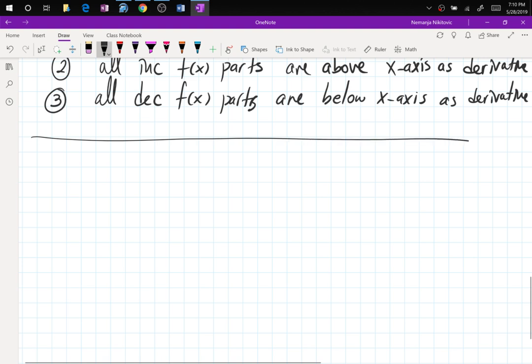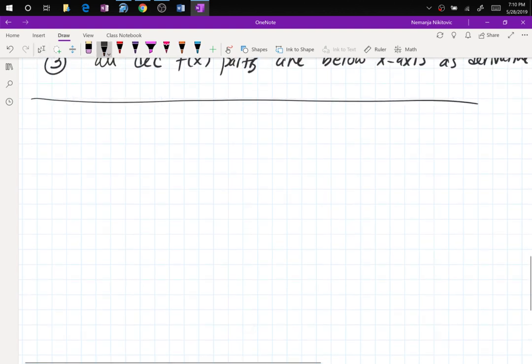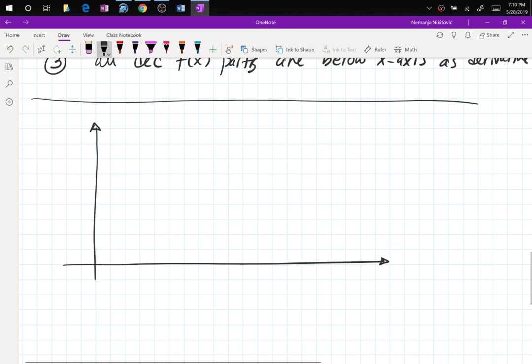Next function. So I connected 3 to 6. Then I went flat to 10.